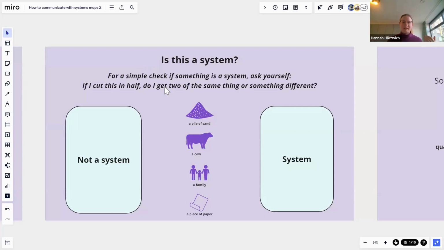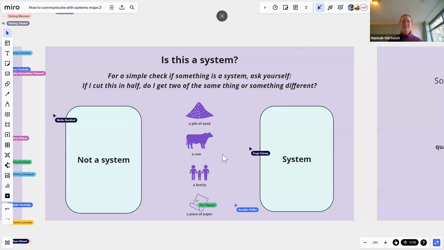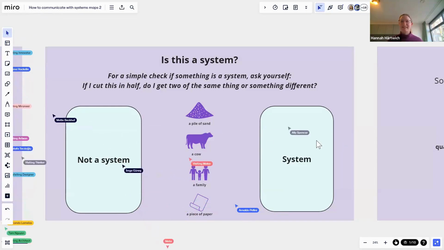Or do I now have something different or something that doesn't work anymore? If you come to this slide with your mouse pointers, we can have a quick vote. For example, if we talk about a pile of sand, do you think that is not a system, or do you think that is a system?